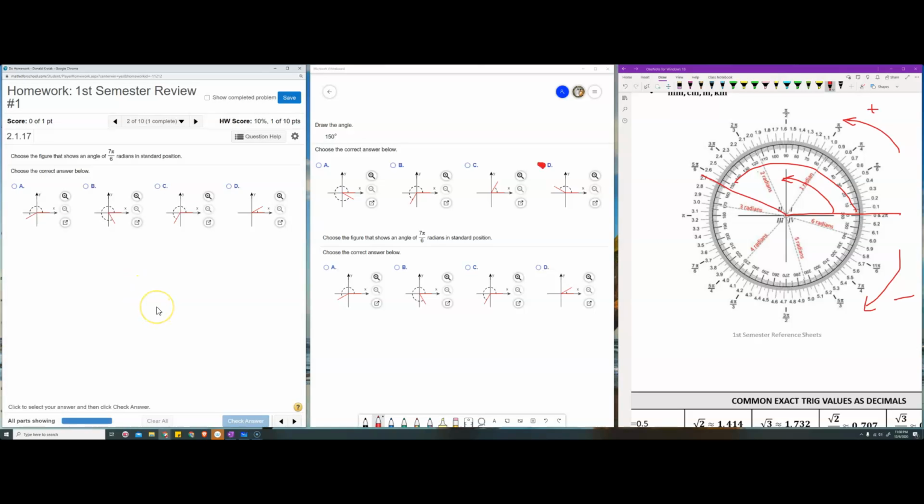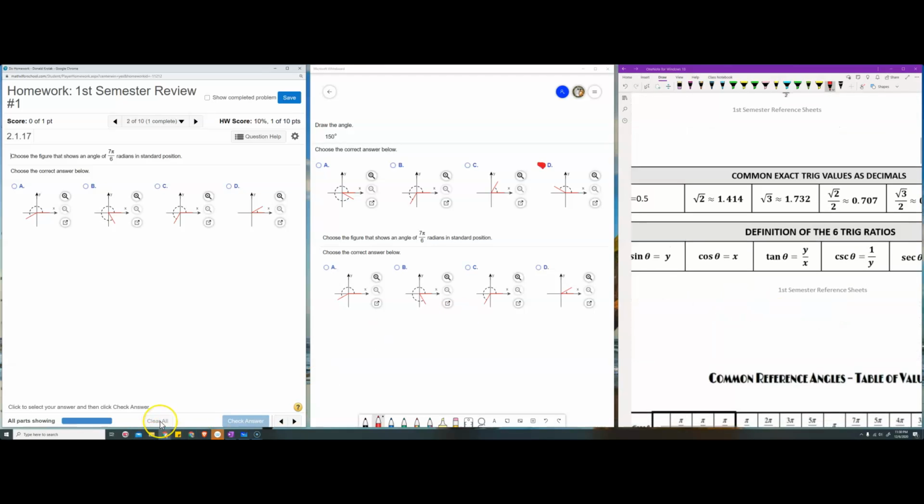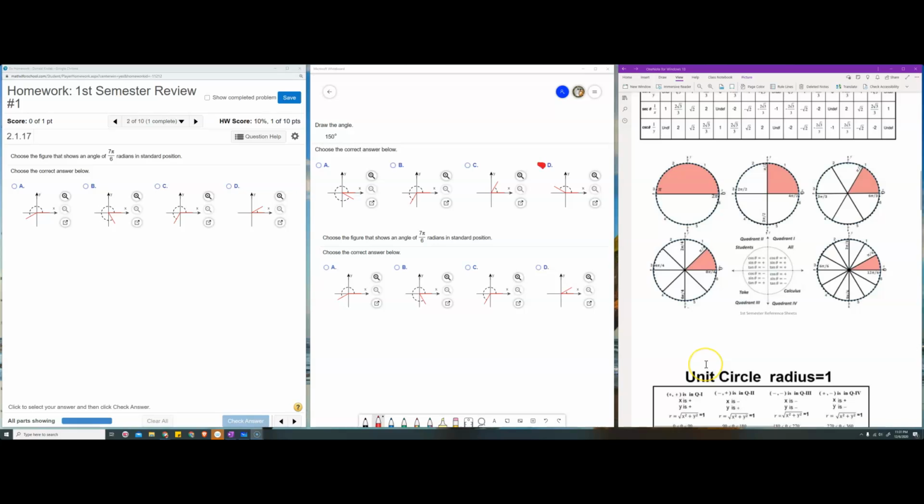Okay, next question is to draw an angle of 7 pi over 6. So we look on our reference sheet, and on this page you'll find common angles that you'll see on the unit circle. So here is a circle that is divided into pi over 6's.